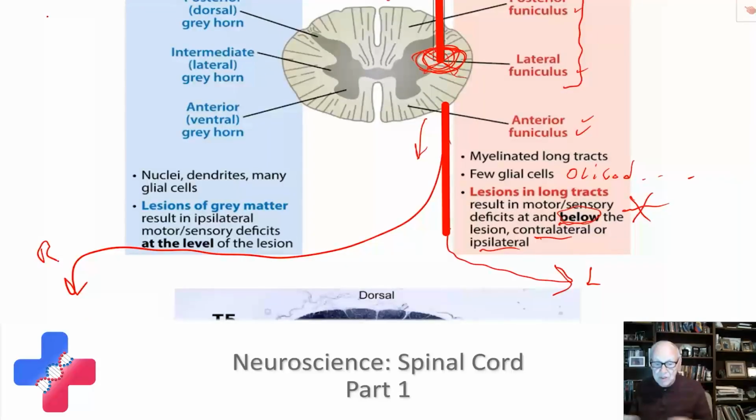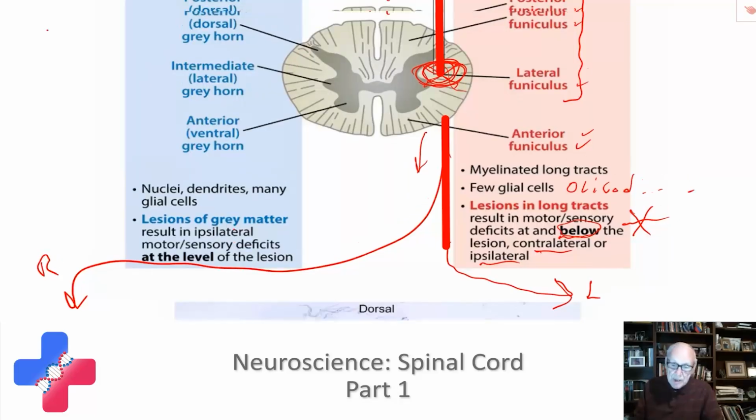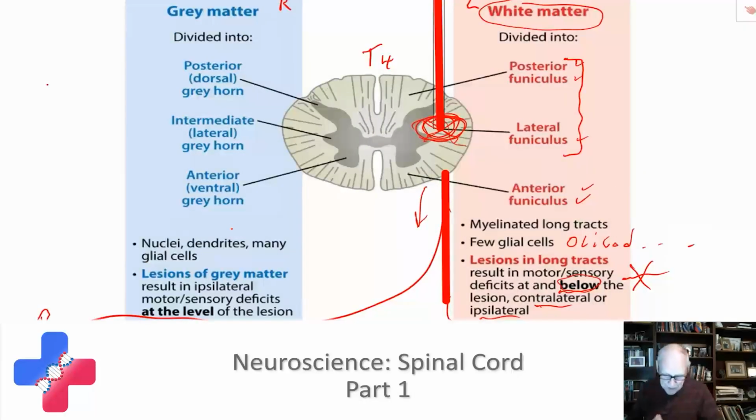What determines that is which tract you're talking about, and you'll see that as we move forward. So the key word about long tracts is that the lesion is below, ipsi or contra. That's very, very important, so remember that. Repeat that five times for the rest of the evening, and make sure you don't lose it.